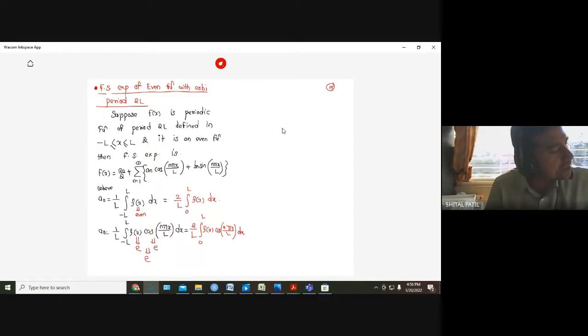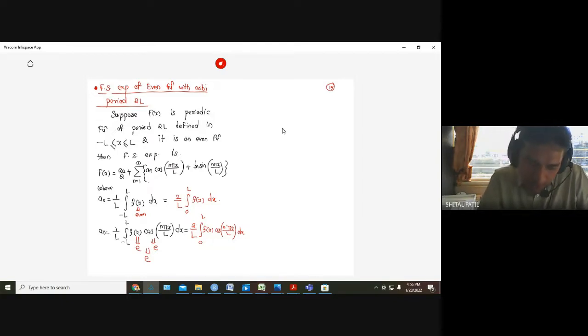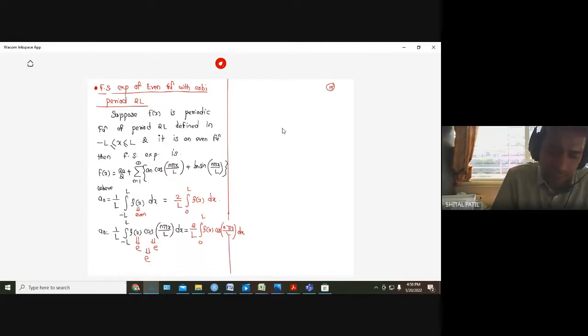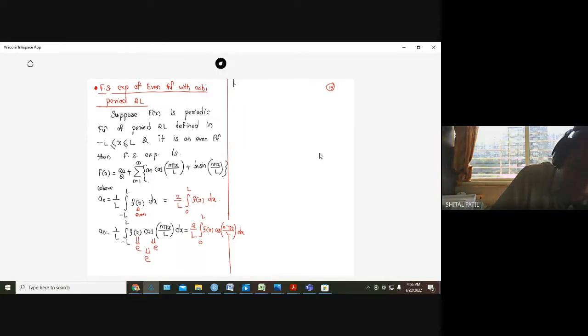Okay, more interesting things are coming. Now when it is odd, what about the bn? That is remaining still. Bn equal to, write on the next page, bn equal to 1 upon L integration from minus L to L f of x sine of n pi x divided by L dx.